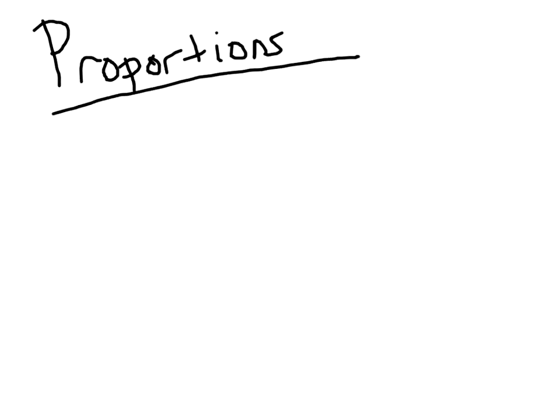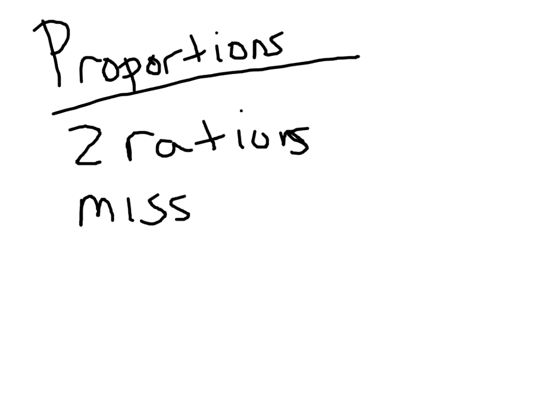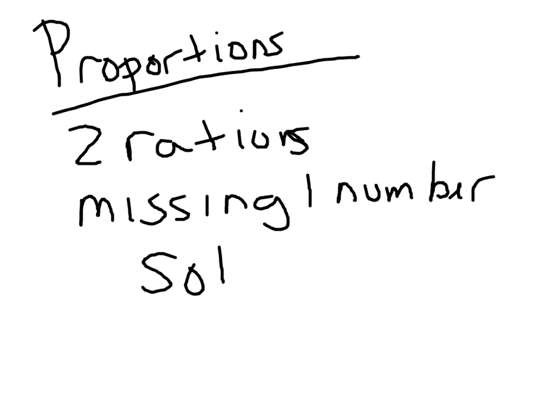Proportions are really two ratios and their relationship to one another. And usually you're going to be missing one number that you have to solve for. So you're solving for x a lot and you're doing your cross multiplying.